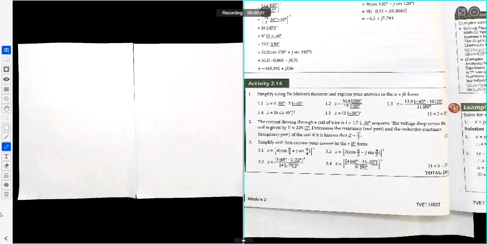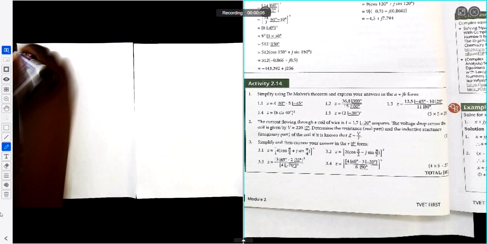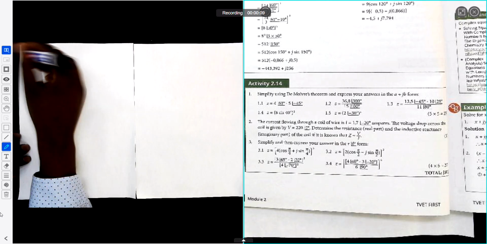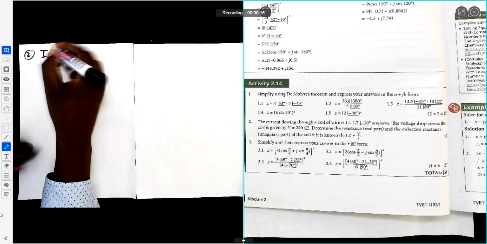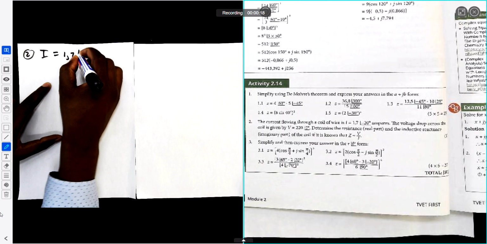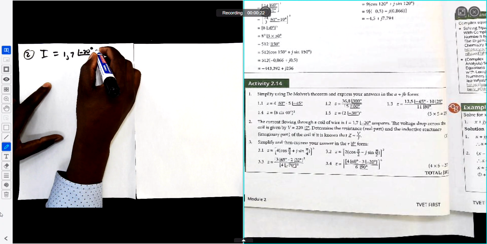Okay, so we need to solve the question there, which is given from the textbook. We need to calculate the current flowing through the wire, which is 1.7 at negative 20 degrees amps.